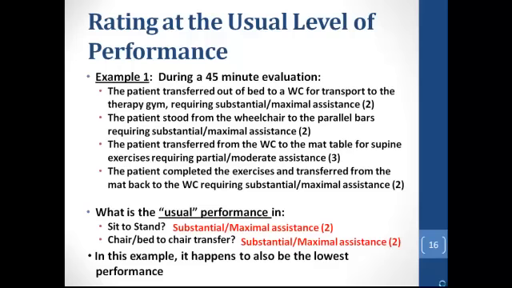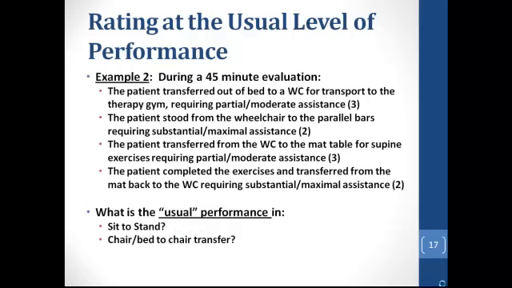Let's look at another example. During a 45-minute evaluation, the patient transferred out of bed to a wheelchair for transport to the therapy gym, requiring partial or moderate assistance. The patient stood from the wheelchair to the parallel bars, requiring substantial or maximal assistance. The patient transferred to the mat table, requiring partial, moderate assistance.